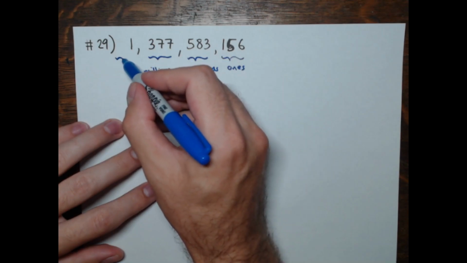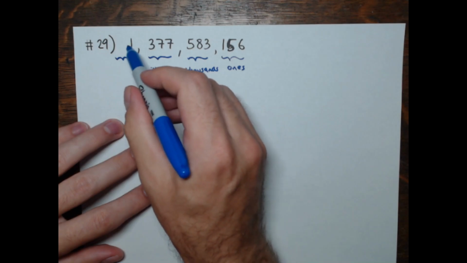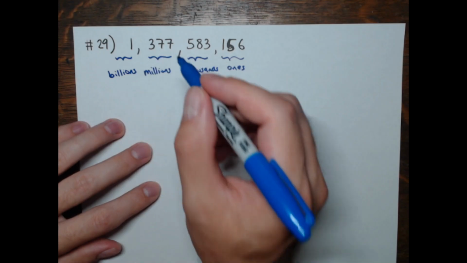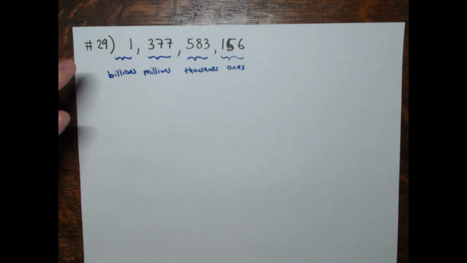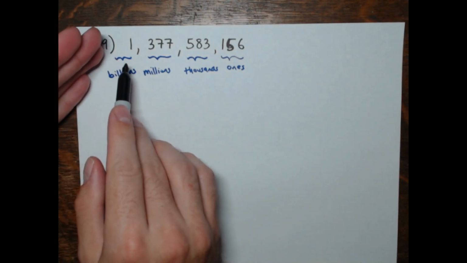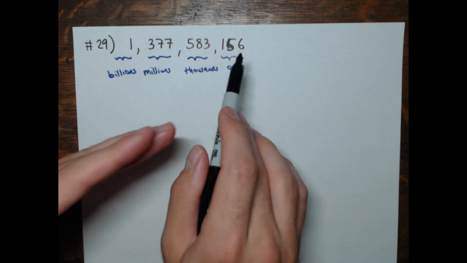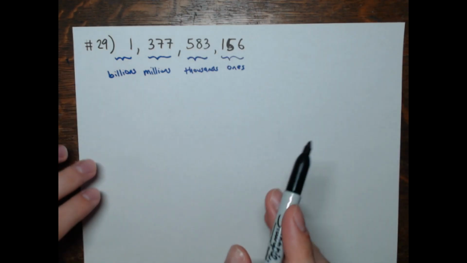Then the next 3, which I know there's only one, are part of the billions period. And then you have the trillions, the quadrillions, the quintillions, sextillions, septillions, and so on. We haven't seen anything that large, but it's going to be something billion, something million, something thousand, something when I write it out in words.